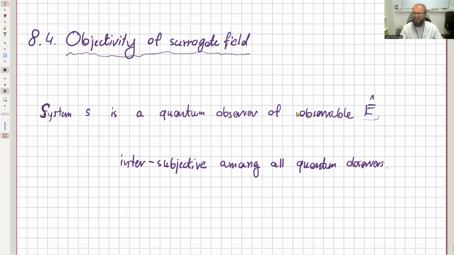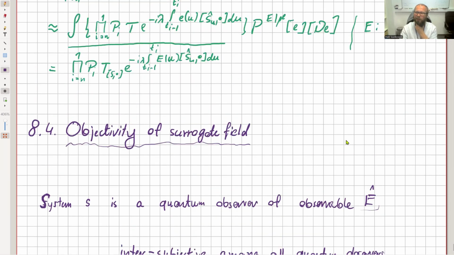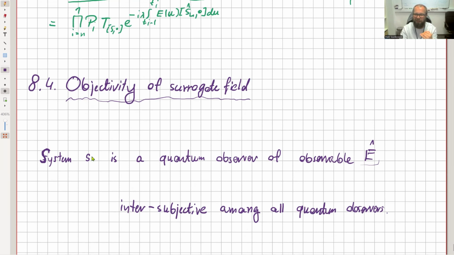What I want to demonstrate to you is that when a classical observer measures observable E, they will also agree with the quantum observers that you see the same surrogate field as they do.